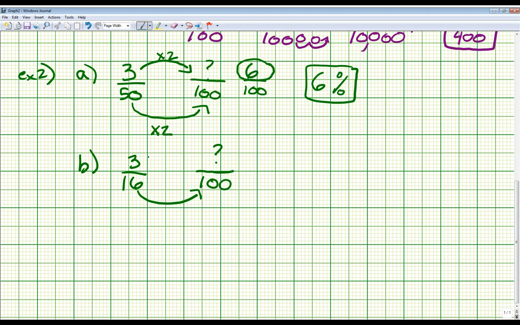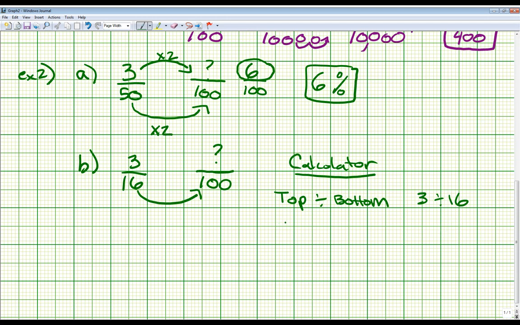What we do if we have a number that doesn't easily go into 100 is we follow these steps. On your calculator, you do top number divided by bottom. So I'm going to say top divided by bottom. In this case, we would go 3 divided by 16 on our calculators.